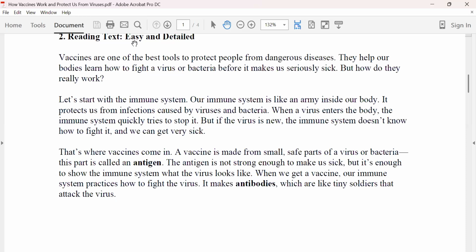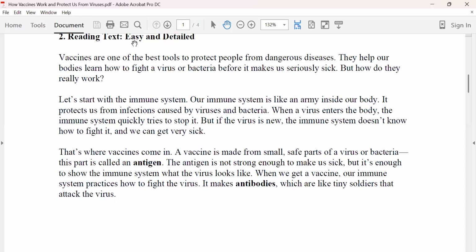It protects us from infections caused by viruses and bacteria. When the virus enters the body, the immune system quickly tries to stop it. But if the virus is new, the immune system doesn't know how to fight it and we can get very sick. That's where vaccines come in.